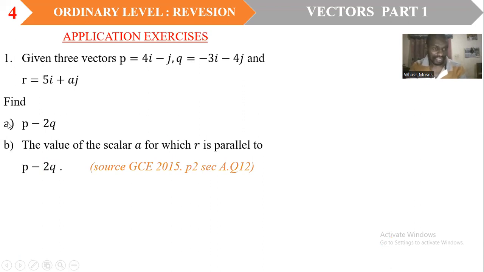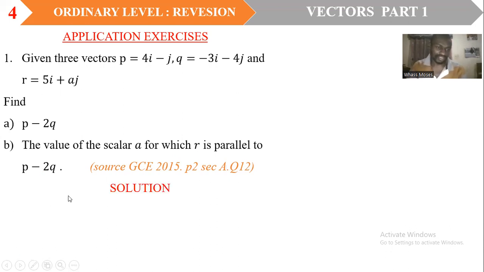Find a, the vector p minus 2q, and b, the value of the scalar a for which r is parallel to the vector p minus 2q. The source of this question is GCE 2015, paper 2, section A, question 12.